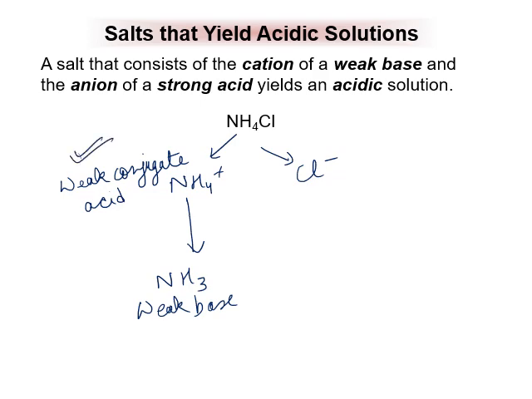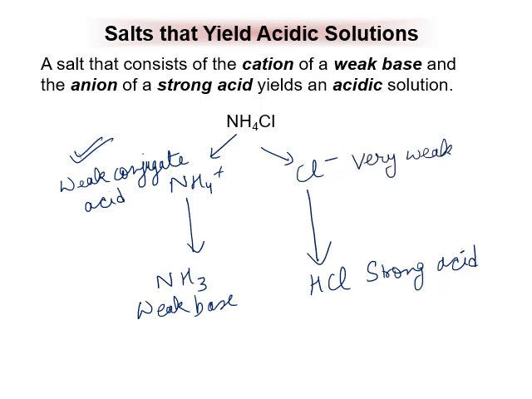But we also have to confirm the next one. This is chloride, which comes from HCl, which is a strong acid. If this is a strong acid, its conjugate is going to be a very weak conjugate base.